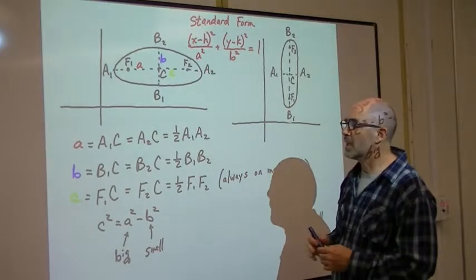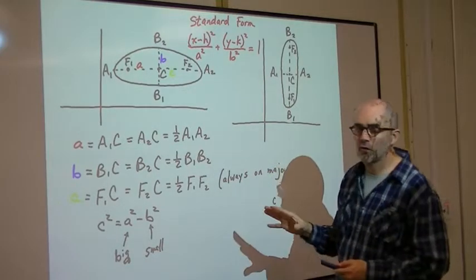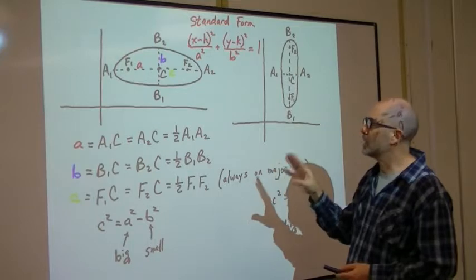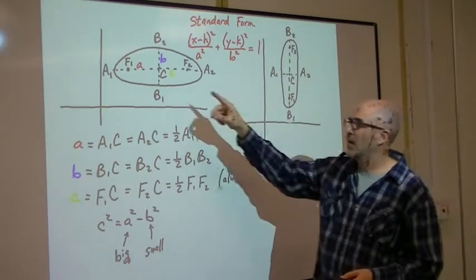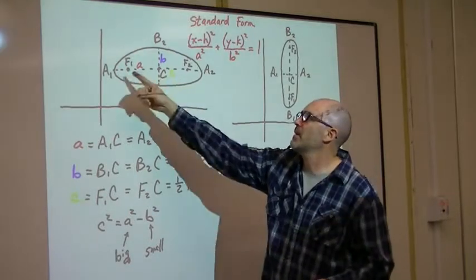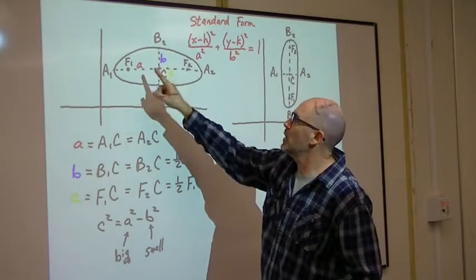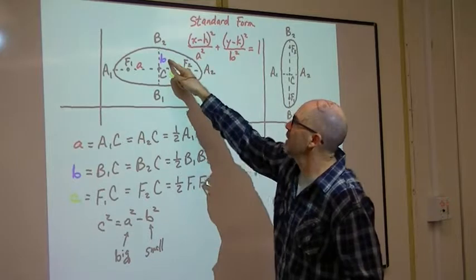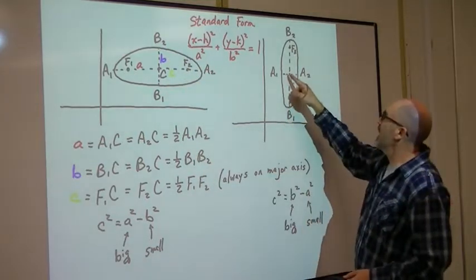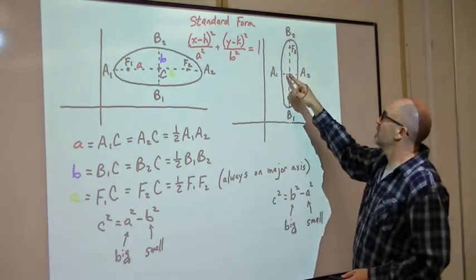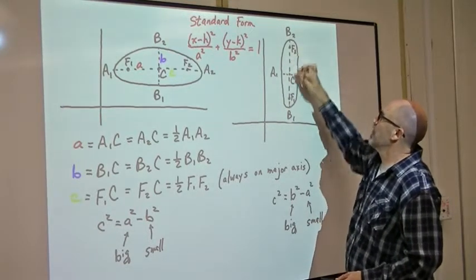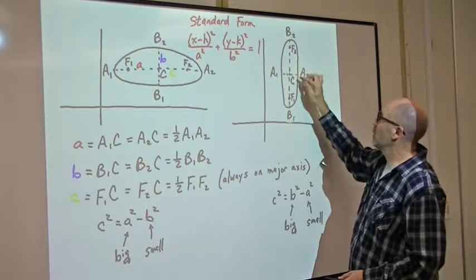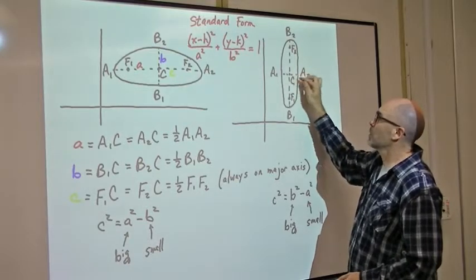Now, the book does this differently, so be careful. When the book talks about A, it always is talking about the major, or I should say the semi-major axis. So the book, this would be A and this is B. But if we go this way, now small a, lowercase a would be the major, the vertical, and lowercase b would be the horizontal.